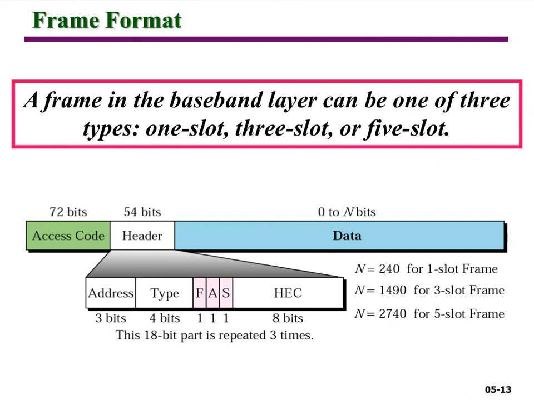And that's why, because the window size is 1, we are trying to increase the efficiency using the different slots, the different slot frame. Because stop and wait is kind of restrictive, you have to send one frame only and then wait for the acknowledgement.